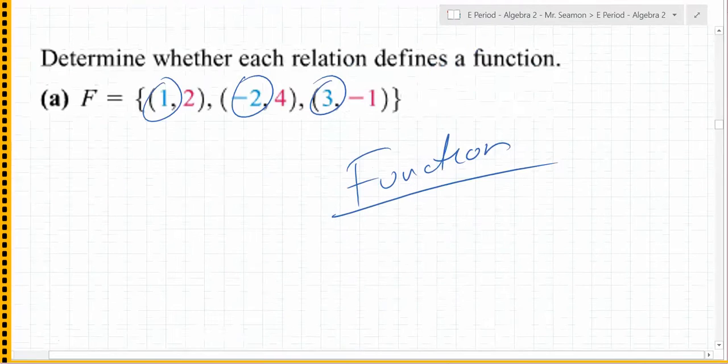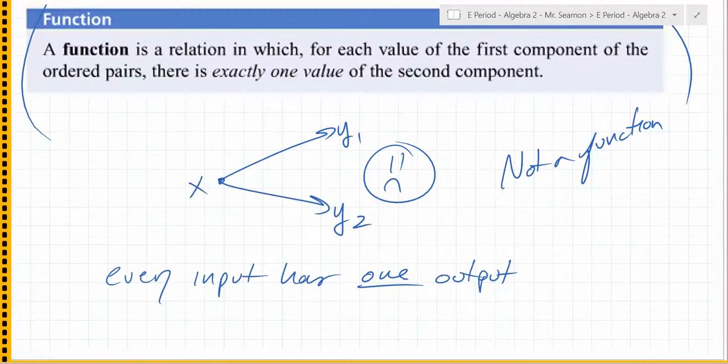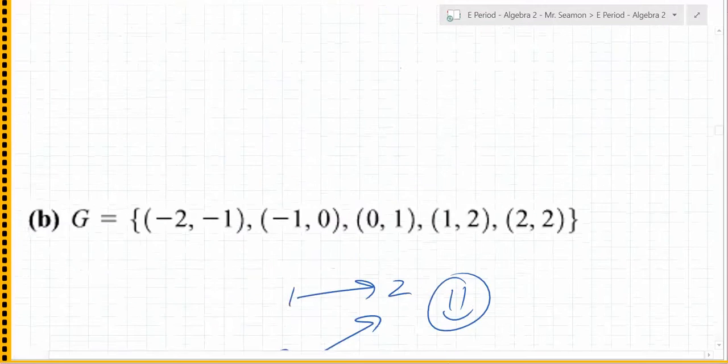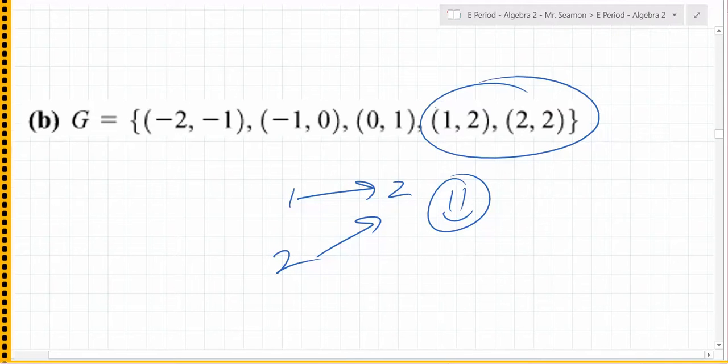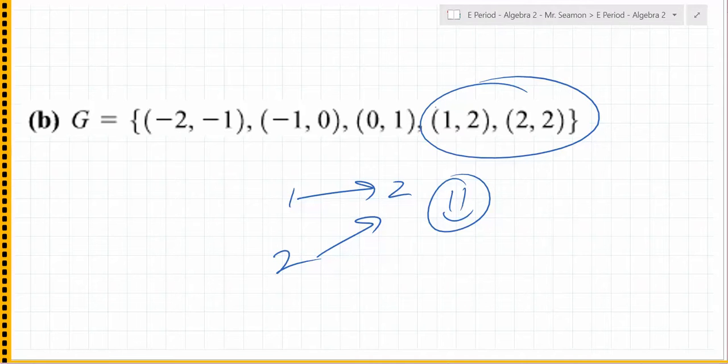Look at the shape I drew you up here, Nick. If an x value goes to more than one y value, it is not a function. Look down here. Is that what I have? No. What do I have? I have 1 going to 2 and 2 going to 2. Is that okay? Yes. I don't understand why it's okay.